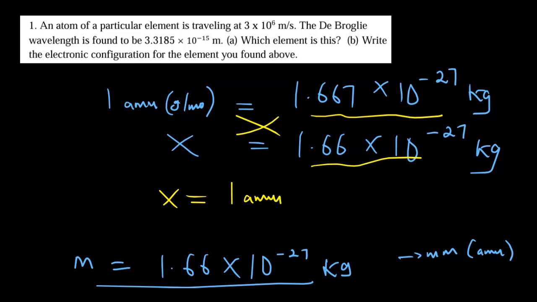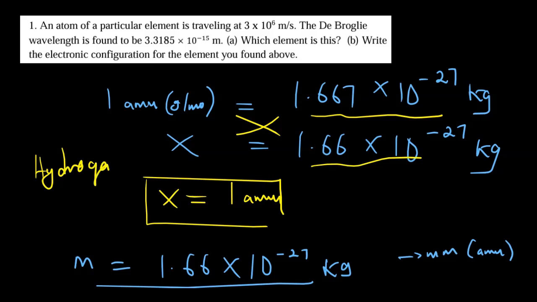Then you go on your periodic table and look for an element that has an atomic mass unit of 1, or a molar mass of 1. That element will just be hydrogen.